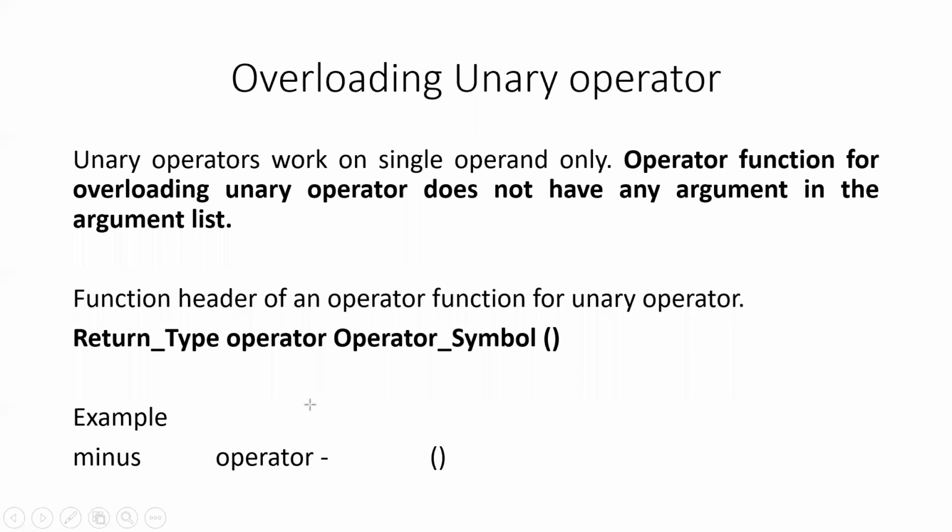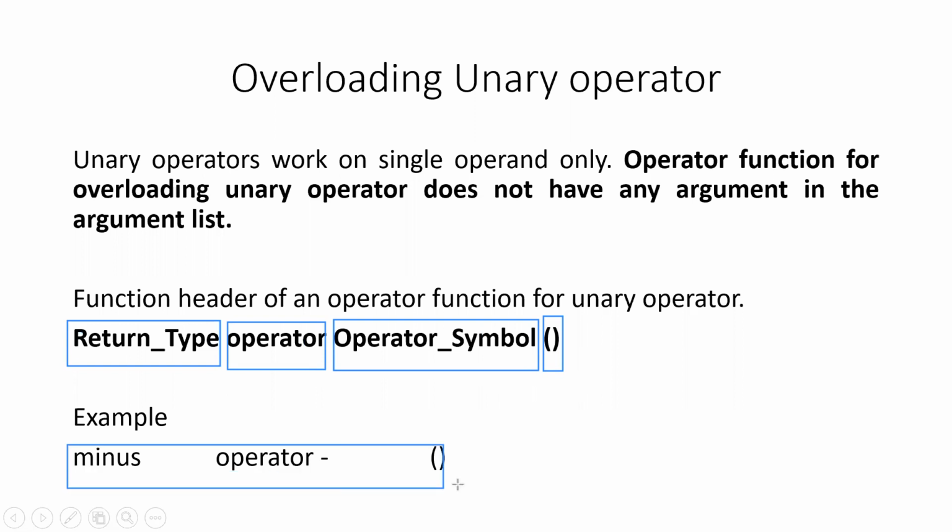Let's have a look at the syntax part of it. It contains the return type. It will use the operator keyword. Then you give the symbol that you want to overload, and you can see that there is no argument in the argument list because we do not pass any arguments while overloading the unary operator. So this is an example. We are overloading the minus operator. A minus operator can be both unary and binary.